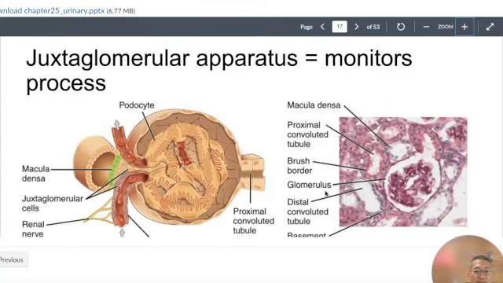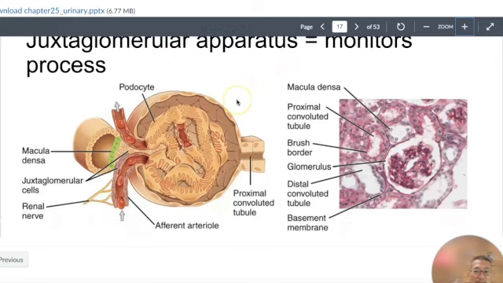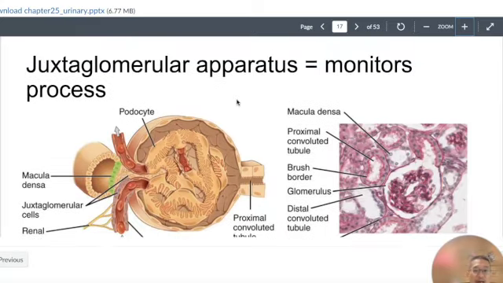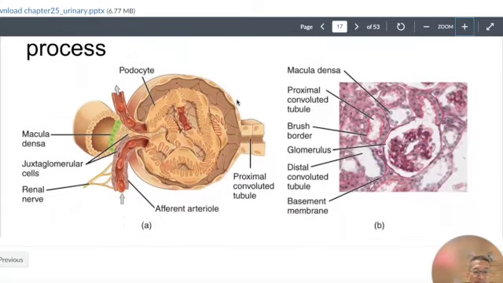Now outside of the glomerulus, here's the glomerulus, here's all the podocytes. Just outside of it, there's something called the juxtaglomerular apparatus. Juxta meaning next to the glomerulus, and an apparatus. The juxtaglomerular apparatus is what monitors the blood pressure, because it's just right outside, and it will monitor the pressure of the blood going into the glomerulus.